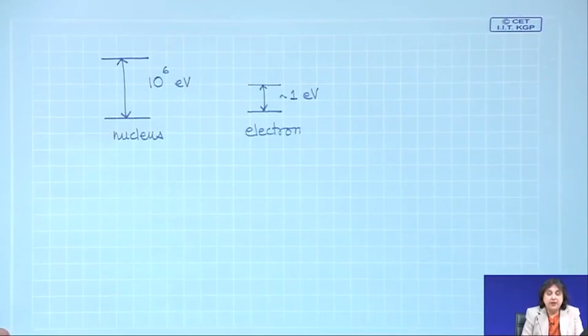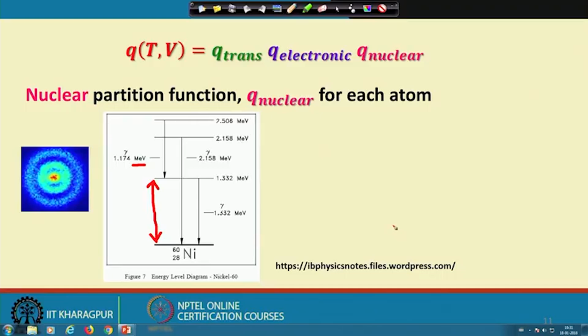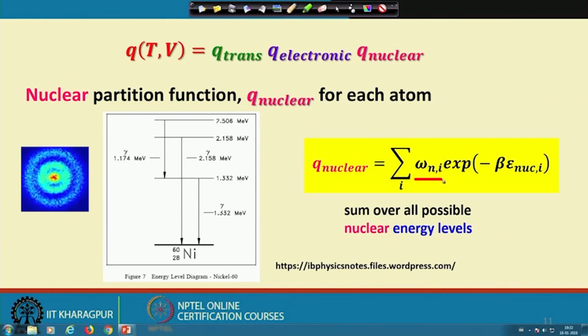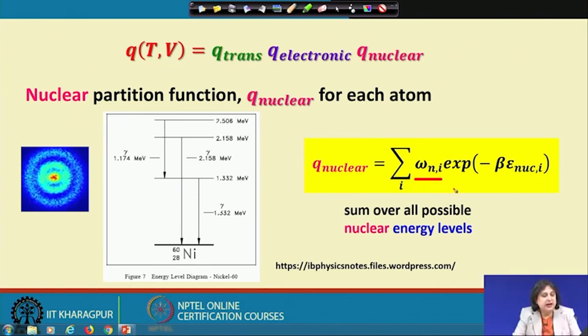Now, this has a very important consequence when we talk about the computation of the entire single particle partition function, but before I go into this, just following the prescription of the electronic partition function, here also for the nuclear partition function we can write down Q nuclear as a summation over all possible nuclear energy levels i, then in the summand I have the degeneracy of each of the nuclear energy levels, and I have this exponential term by definition.